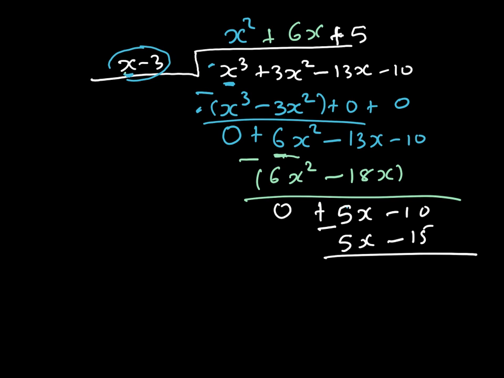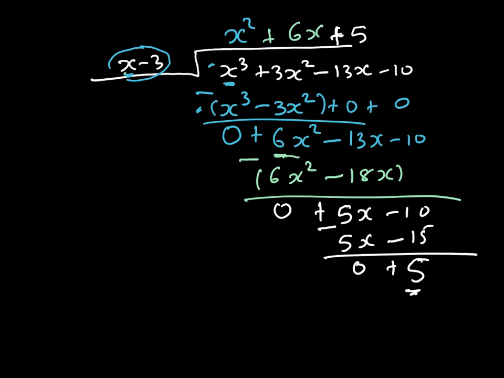Let's subtract. This is a 0 plus a 5. Now we cannot divide the 5 by x, so this 5 is the remainder. That value you always have at the last point when you cannot further divide is what we call the remainder.